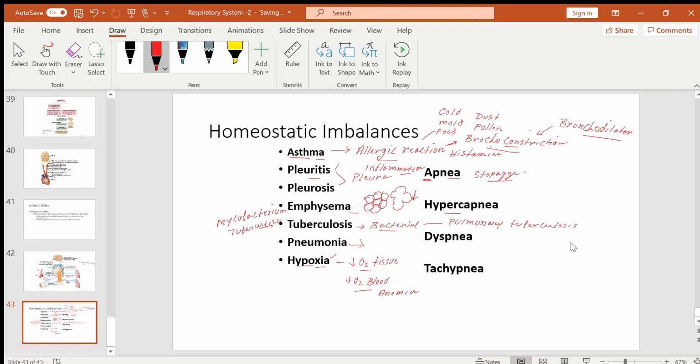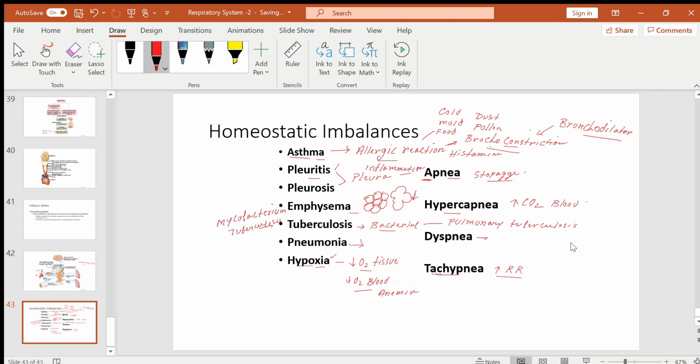Hypercapnia, if the carbon dioxide in the blood increases, that is called hypercapnia. So hypercapnia will cause tachypnea, increase the rate of respiration. You remember tachycardia, fast heartbeat or heart rate. So tachy means fast, tachypnea means increased respiratory rate, the number.